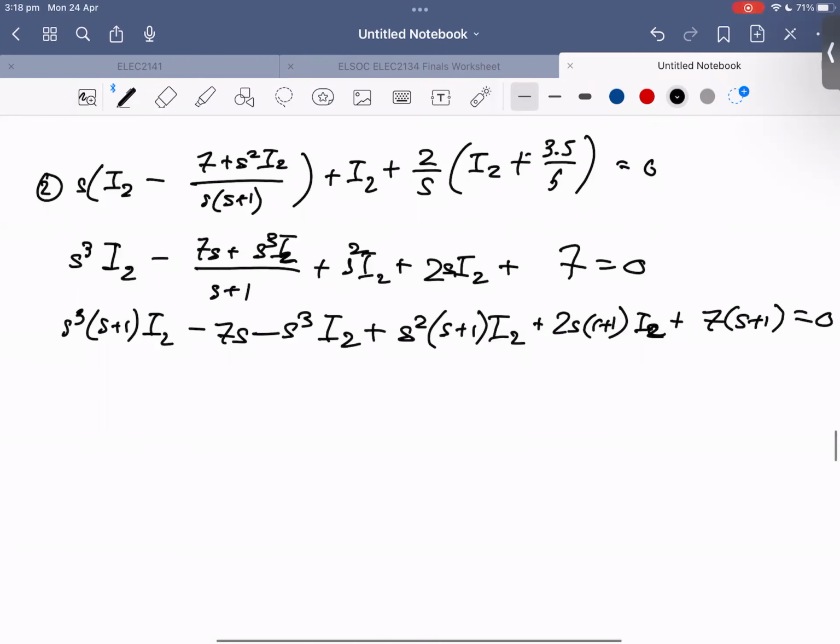Yeah, I think I'm good to start collecting like terms now. So it's going to be I2, and so it's going to be an S to the 4 term, and then an S cubed terms which cancel out.